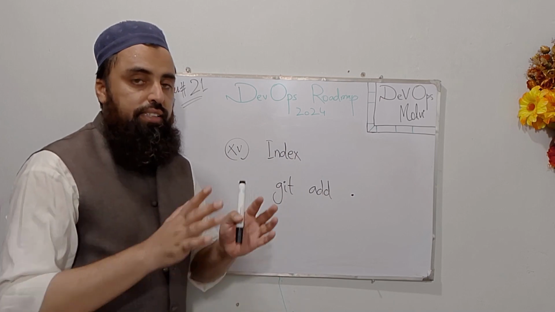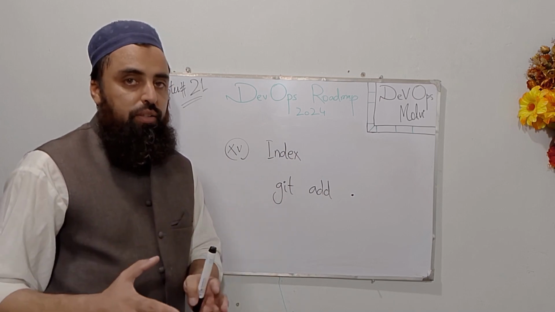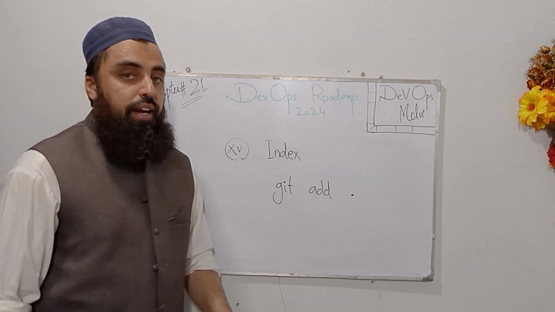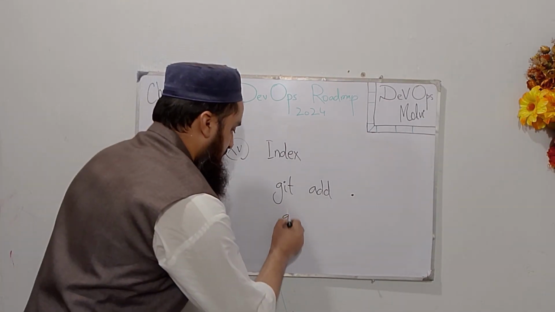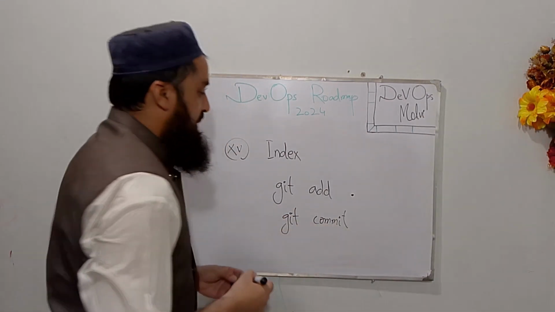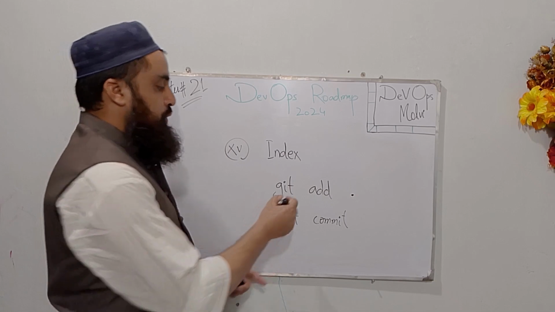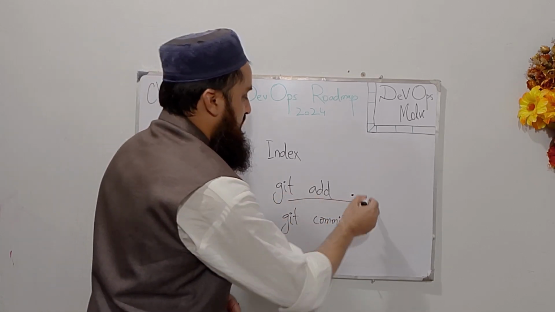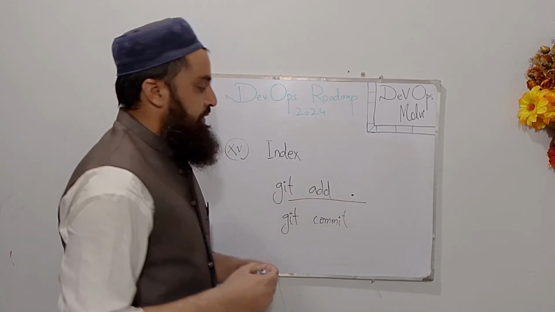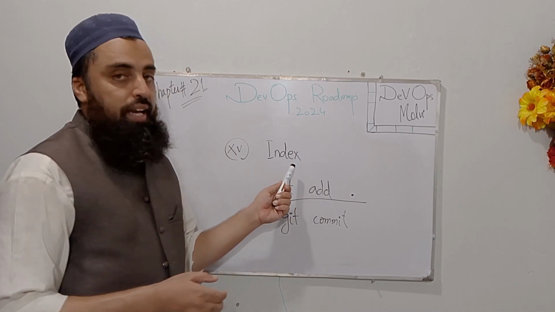Those changes are saved in a place which is known as index. And after that, we run the git commit command to commit all the changes into the repository. So when we run git add, those changes are saved in a cache which is known as index.